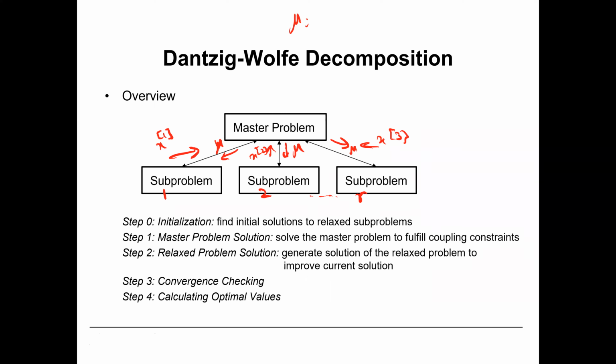What were the mu values? Mu values are the Lagrange multipliers. Actually, it's a vector of Lagrange multipliers corresponding to the inequality constraints of our master problem.